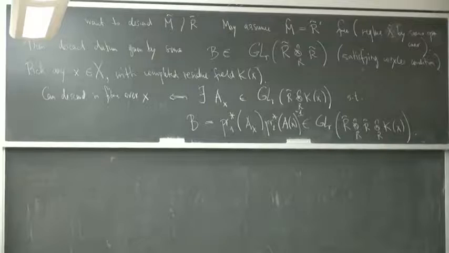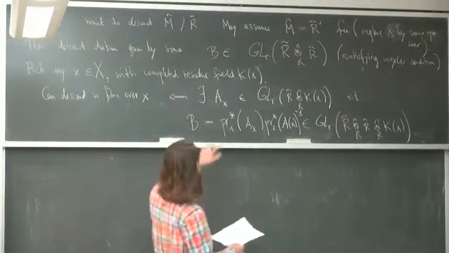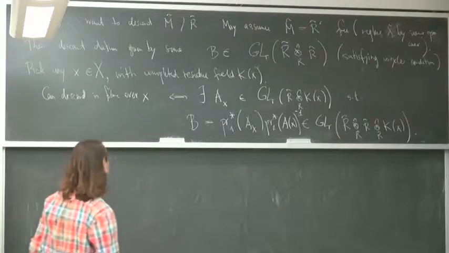Okay, so we can spread this matrix, we can approximate this matrix by some matrix defined over a small neighborhood.